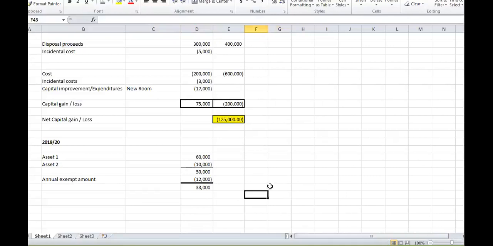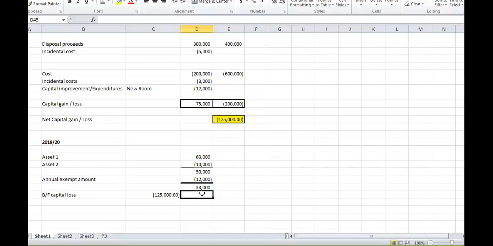Over here, we can deduct our brought forward capital loss. You can see we have brought forward capital loss. We have brought forward capital loss of 125,000 pounds. This one.